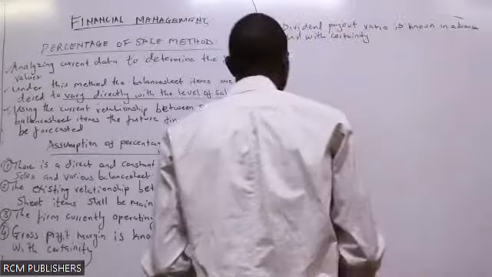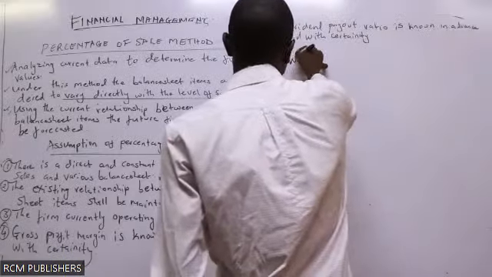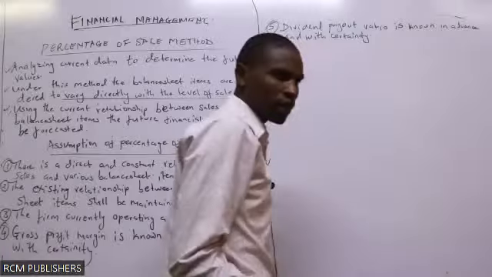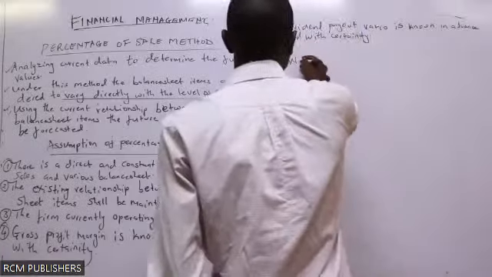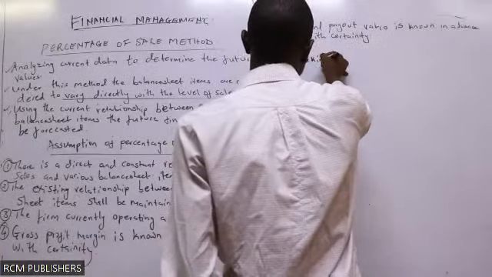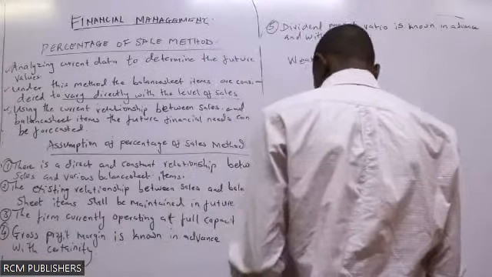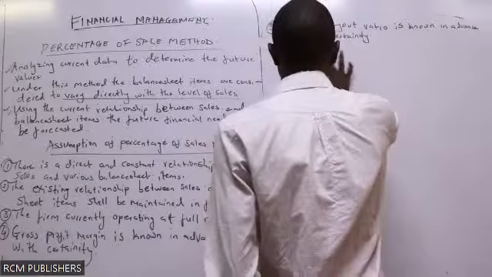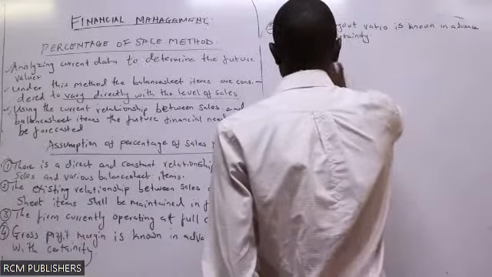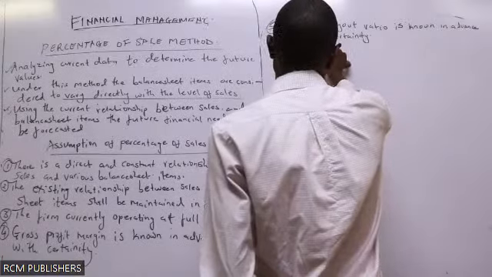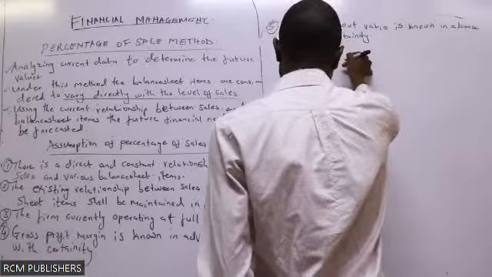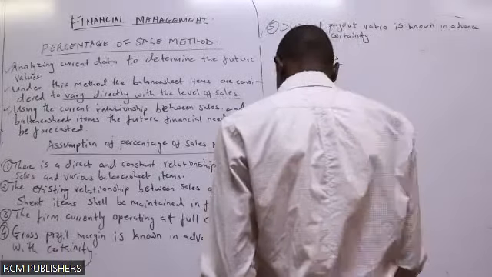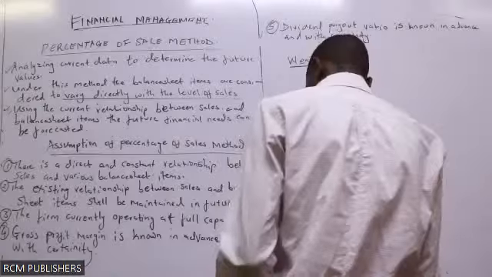Let's see some of the weaknesses. For the time, that's good. Tunamaliza in the next 5 minutes. So weaknesses of this percentage of sales method.